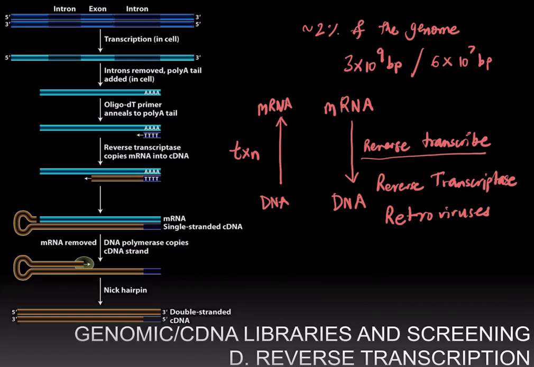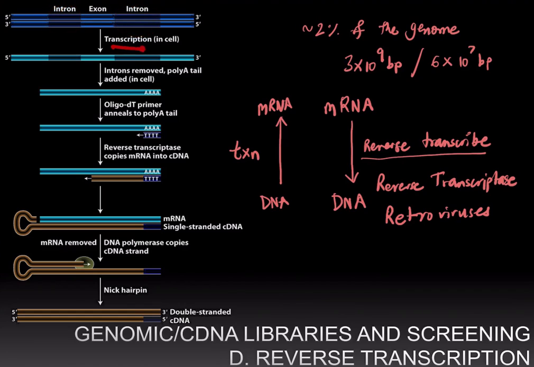And the process goes something like this. So let's say we have a gene in DNA. And so this dark blue is DNA. And this gene will have exons, which constitute the coding sequence of the gene. And it also has introns.